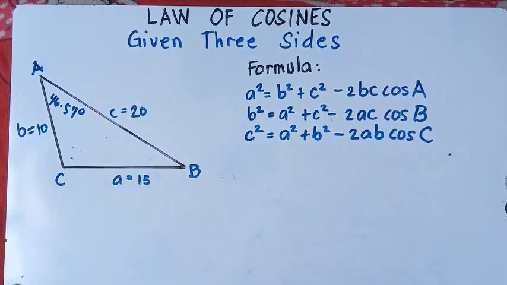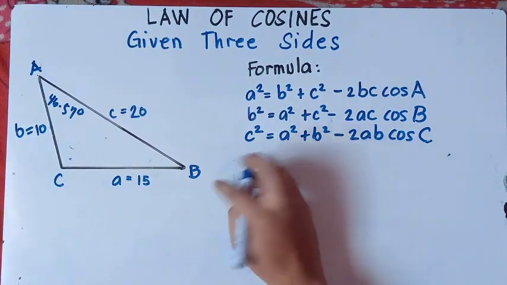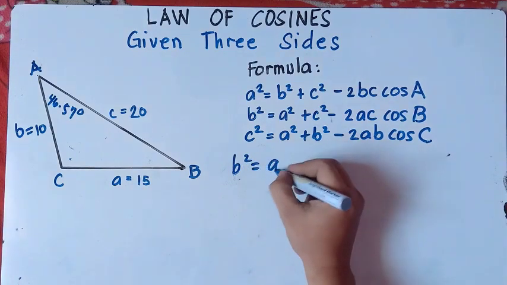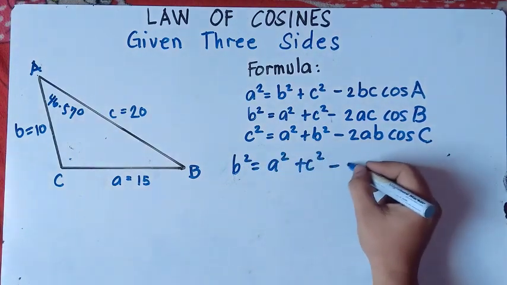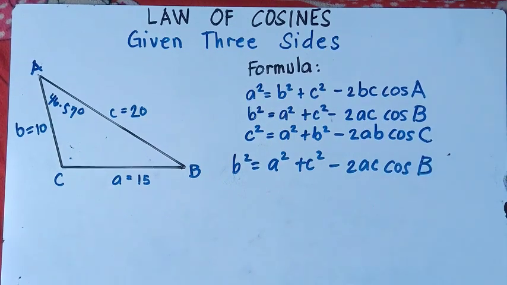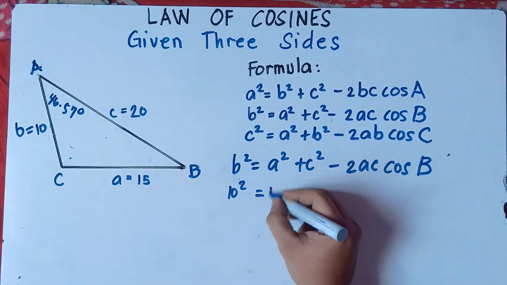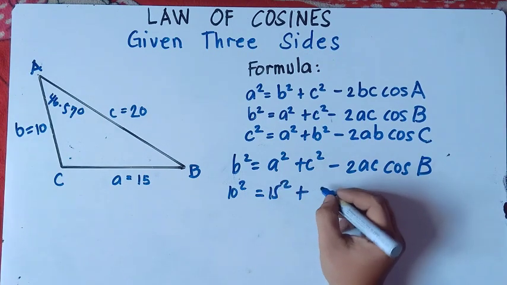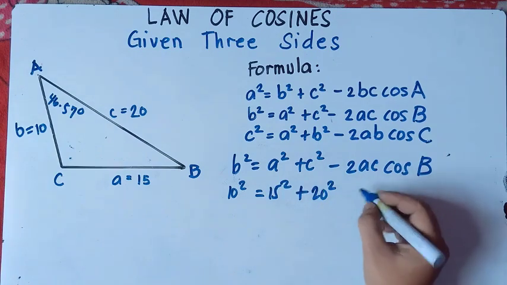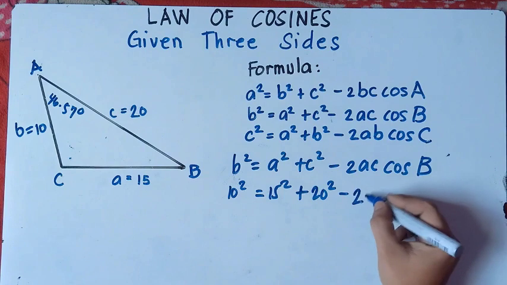Alright, so let's have angle B. We can use this formula. B squared equals A squared plus C squared minus 2AC cosine B. Alright, so our B is 10. So 10 squared equals A is 15, 15 squared, plus C is 20, 20 squared, minus 2, our A is 15.